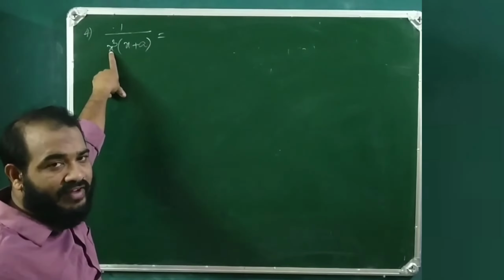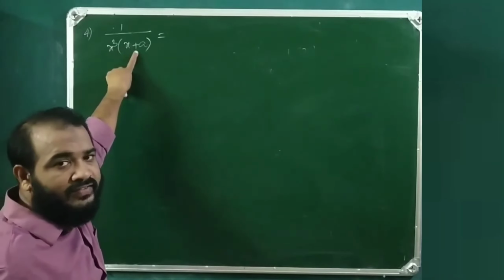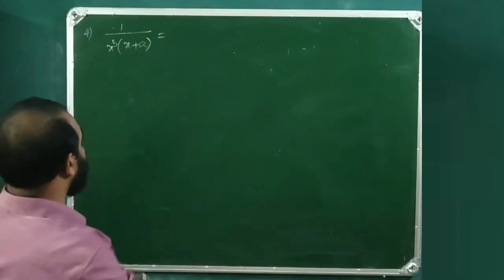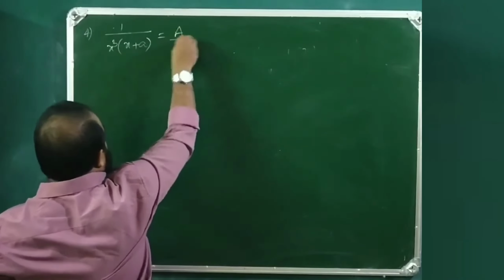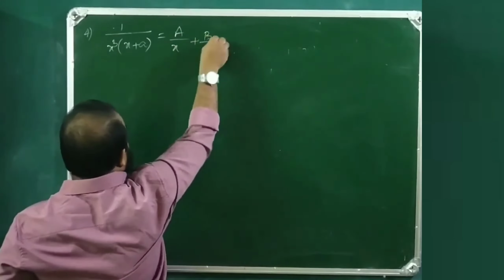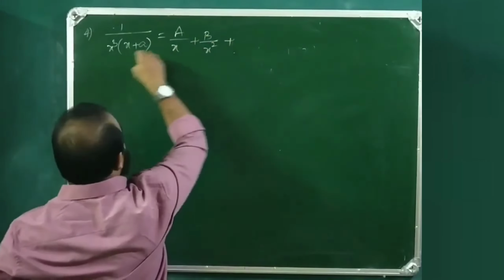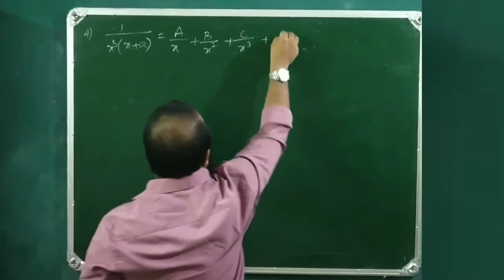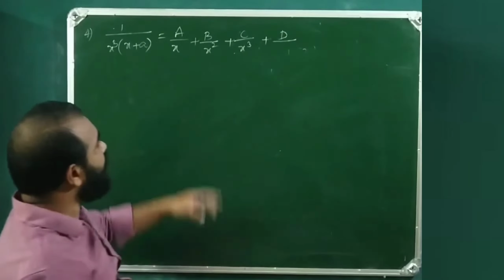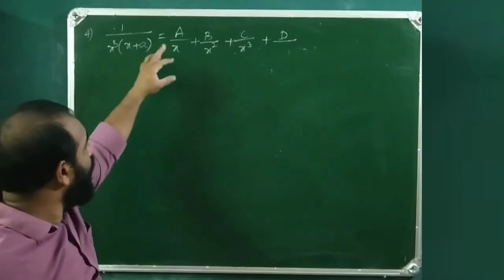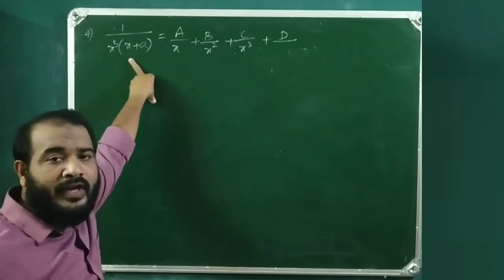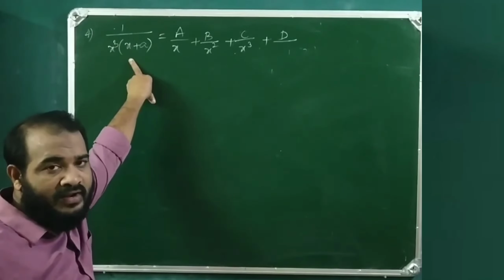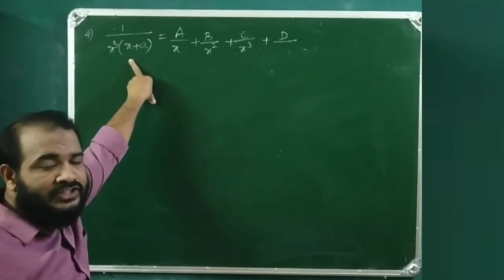So this is a repeated linear factor, and x plus a is a non-repeated linear factor. Therefore, this is a by x plus b by x square plus c by x cube plus d by x plus a. This is the form ax plus b.